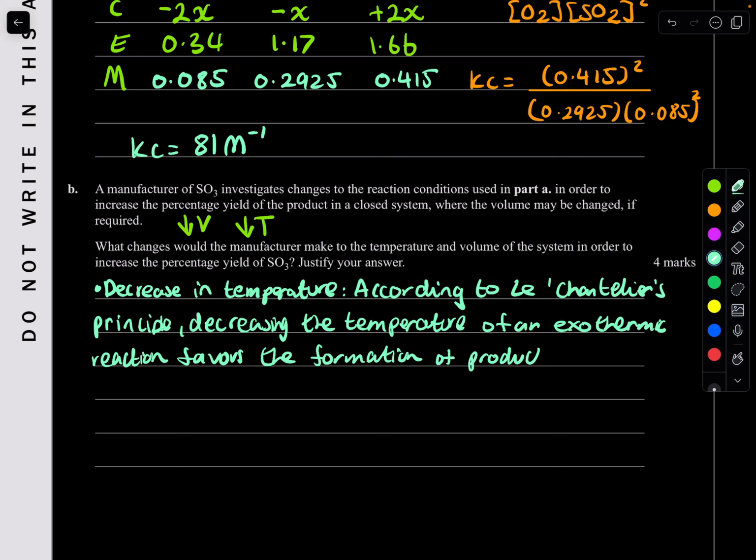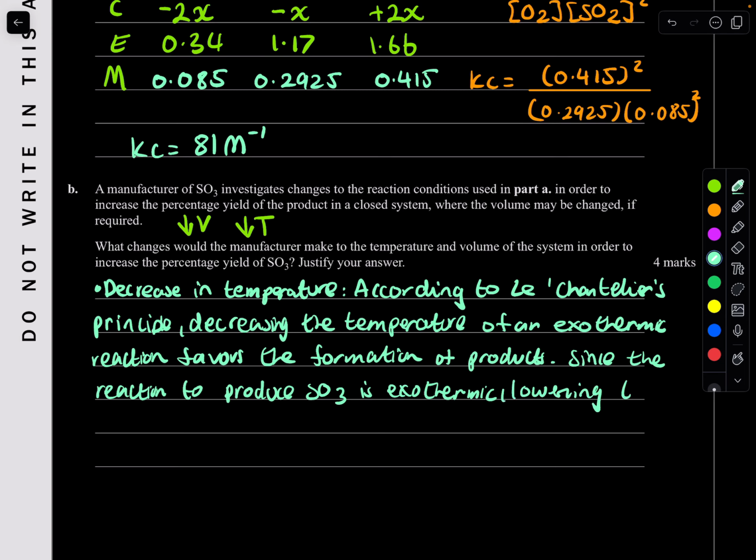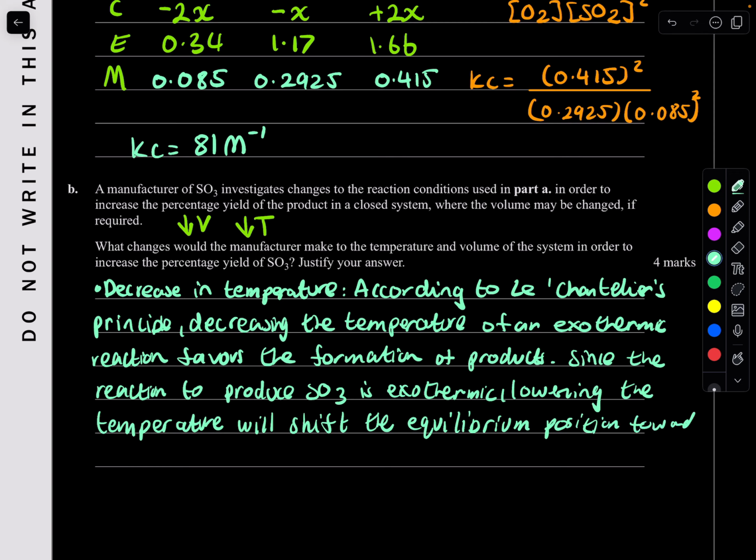Since the reaction to produce SO3 is exothermic, lowering the temperature will shift the equilibrium position towards the right.